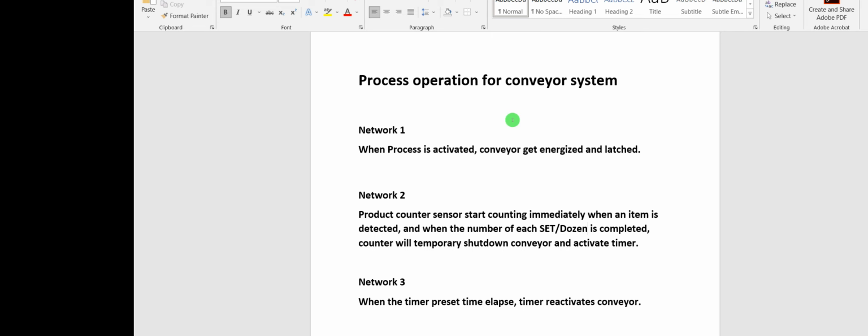Then we have a lot of other machinery within that same factory setup performing different tasks. But we are going to concentrate on two major sensors. One is for counting the number of products produced, the total product that is going to be produced per day or per operation.